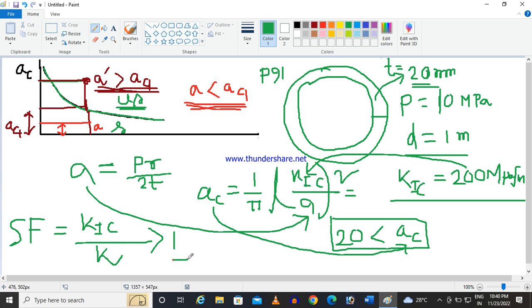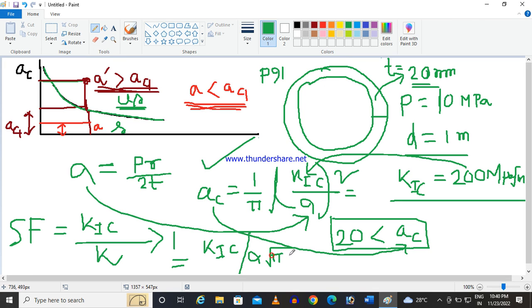Okay, so that value K1C we will be getting from the ASTM standard based on the material property, and the K is sigma root pi a from this equation.